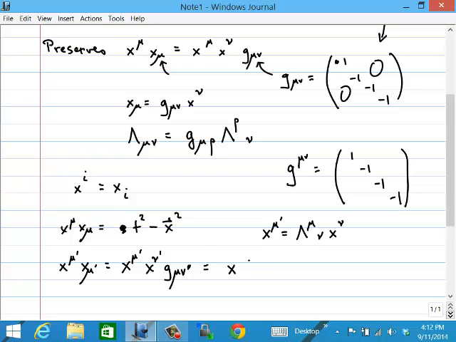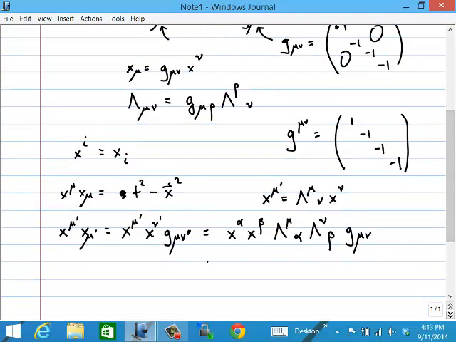That'll be x^alpha x^beta lambda^mu_alpha lambda^nu_beta g_mu nu. And this is supposed to be equal to the invariant interval, which you could write as x^alpha x^beta g_alpha beta.